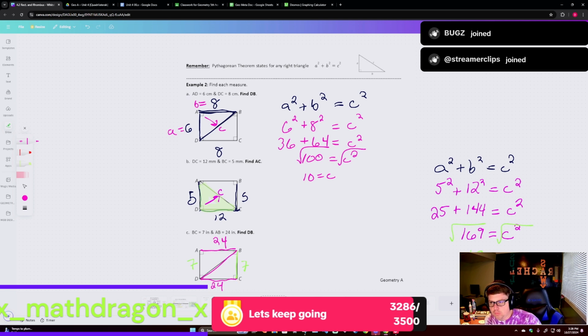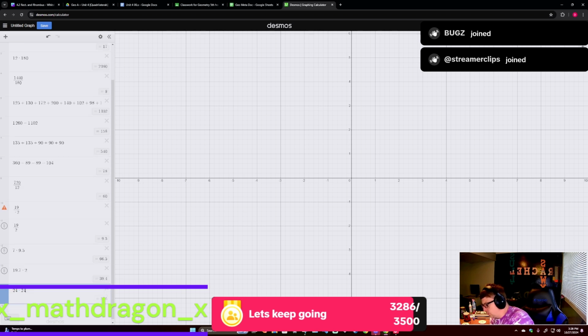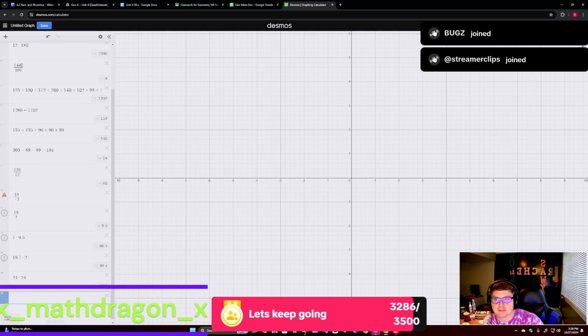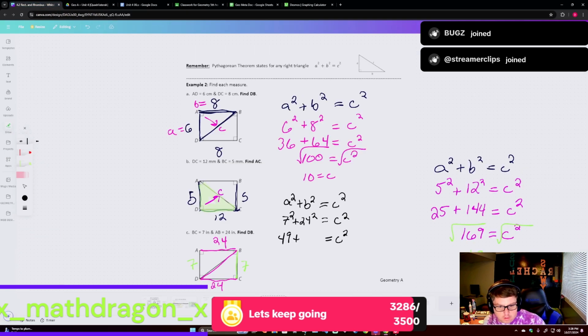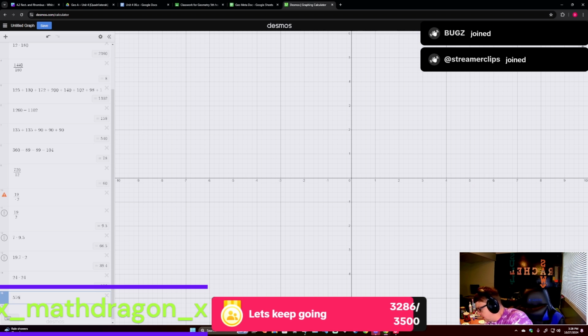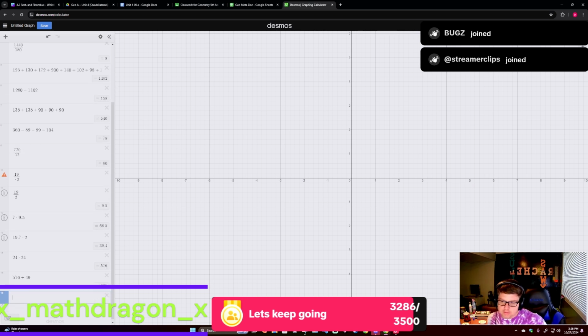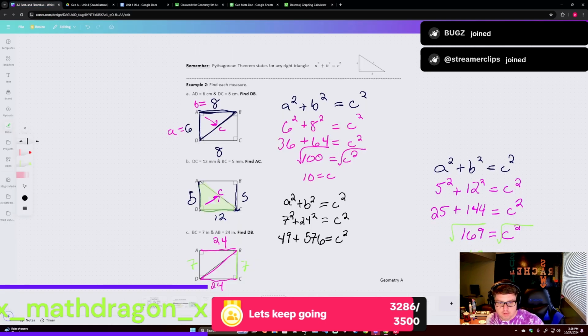And then just make one more round of a squared plus b squared equals c squared. 7 squared plus 24 squared equals c squared. 49 plus, I have no idea, but I can do 24 times 24 and get 576. So 576 plus 49, no idea. 576 plus 49 is 625. So 625 equals c squared.